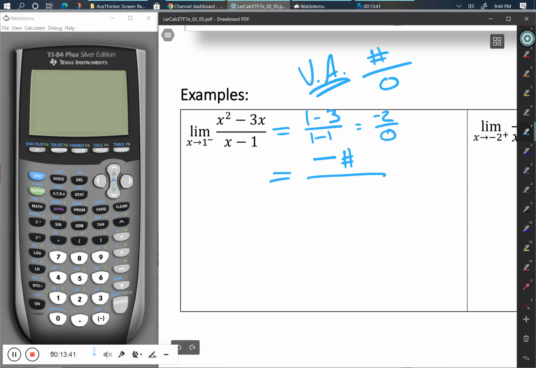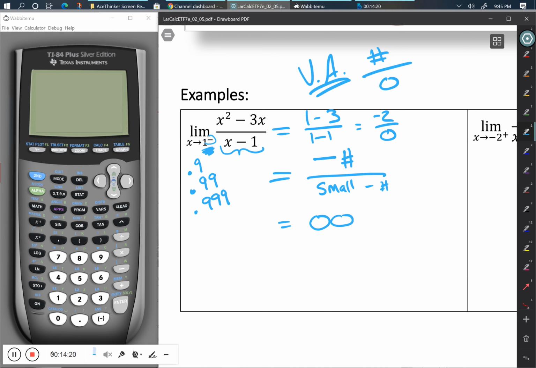The denominator, if x is approaching 1 from the left, that means we're talking about numbers like 0.9, 0.99, 0.999, which means that the value of this, while approaching 0, is always going to be a small negative number. And what is a negative number divided by a negative number? A positive infinity.